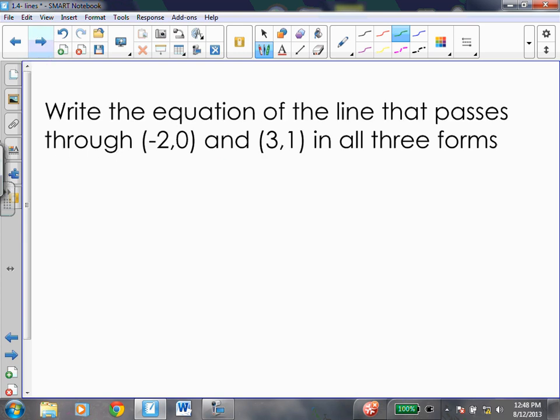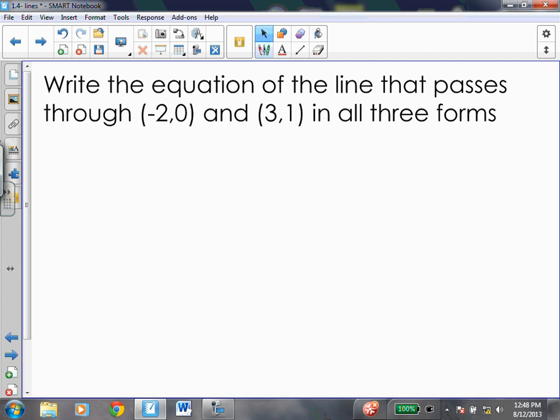Write the equation of the line that passes through (-2, 0) and (3, 1) in all 3 forms. So the first thing we have to do is find the slope. And we actually found the slope in our previous example. M equals 1/5. And again, any form is the correct way to express this line.